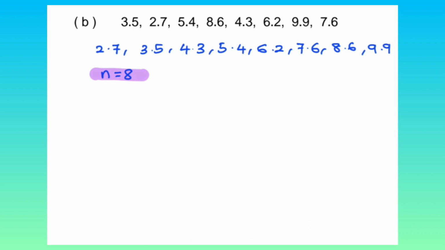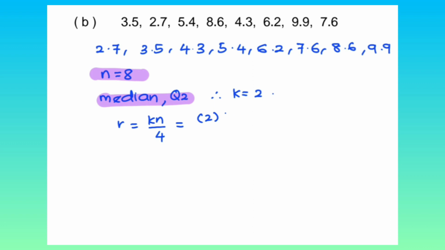Next, we want to find the median. Median is Q2, so k is equal to 2. Firstly, we need to find r. r is equal to k times n over 4. Substituting, we have 2 times 8 divided by 4.